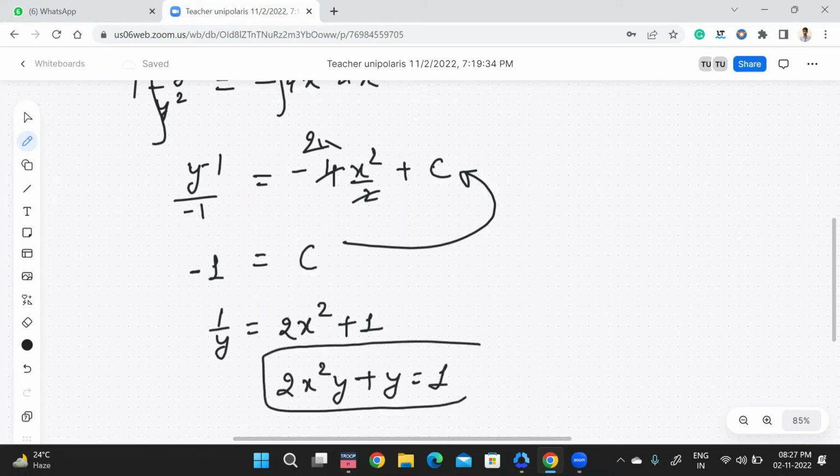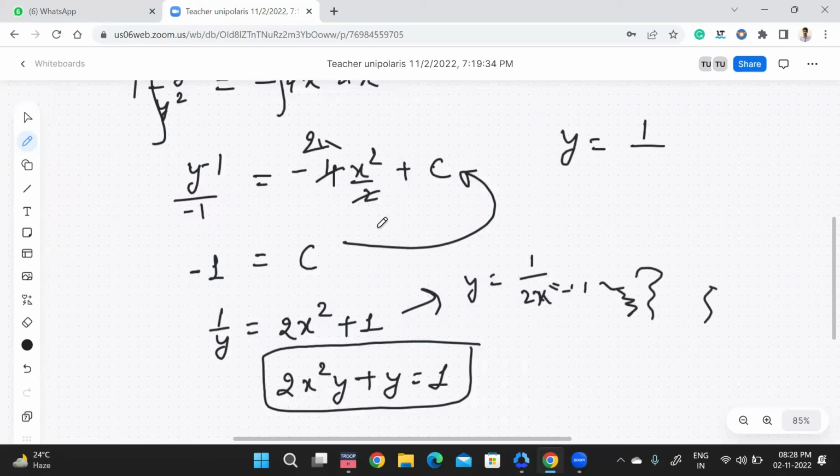So whatever is given, y equals 1 by 2. You can take the reciprocal here also, and you get y equals 1 over 2x square plus 1. So this is the solution.